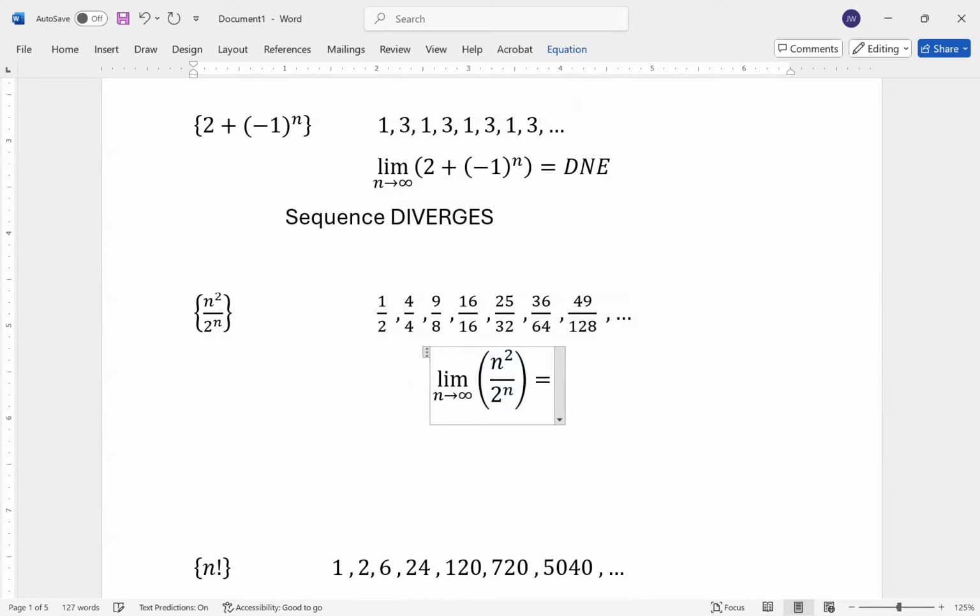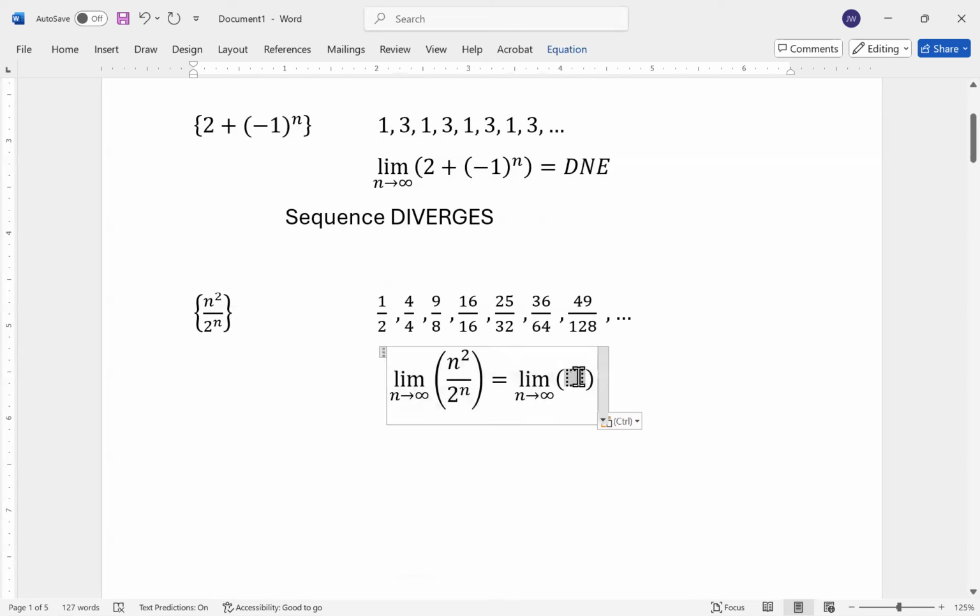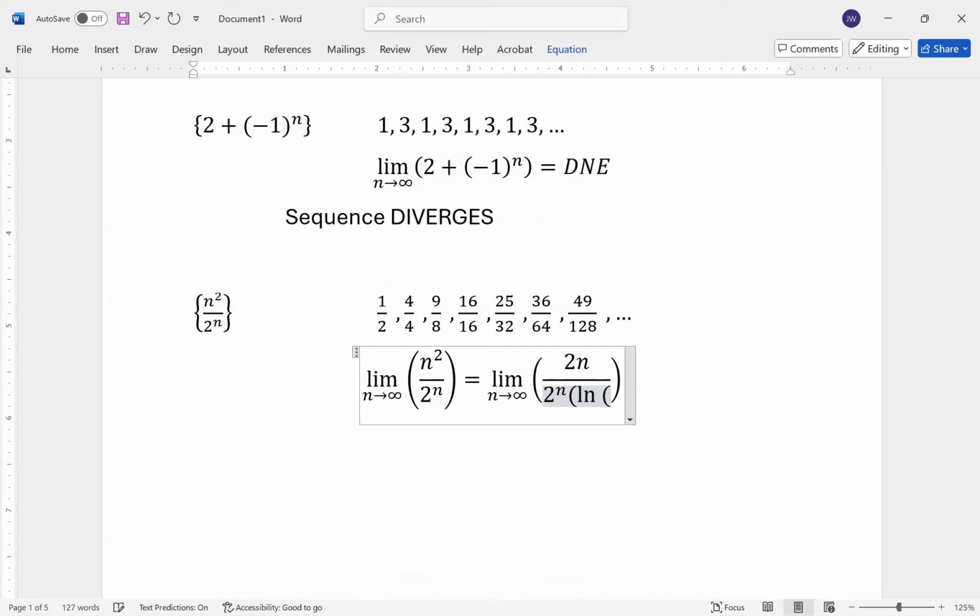Here we can actually use L'Hopital's rule because I get the indeterminate form infinity over infinity. So I can use L'Hopital's rule, which would say 2n divided by 2 to the nth power multiplied times natural log of 2.